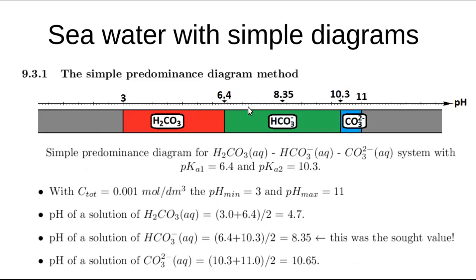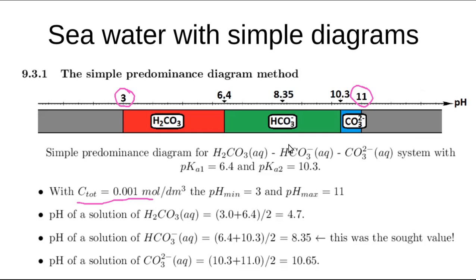We can do it more thoroughly. We can determine that the total concentration of the hydrogen carbonate is something like millimolar in the water. Then the minimum pH and the maximum pH would be something like 3 and 11 of any acid-base with that concentration.